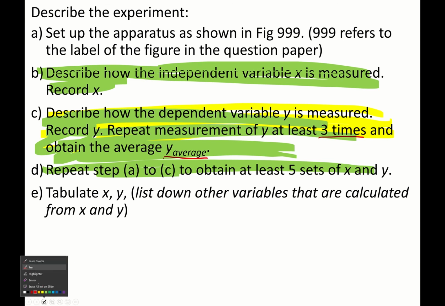I'll amend it now. The mistake is this should be B. Repeat step B to C to obtain at least 5 sets of X and Y.